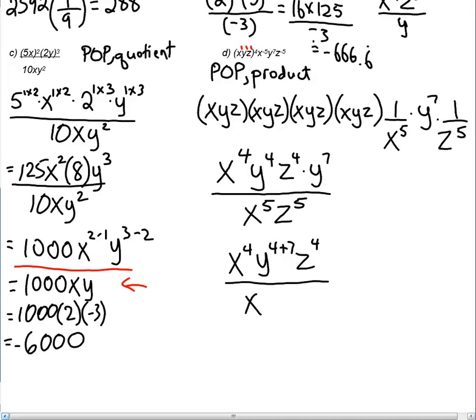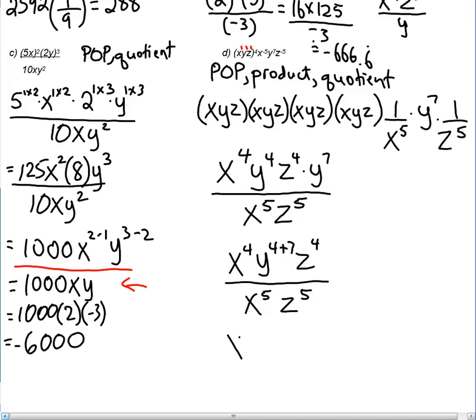Now maybe in that step some of you might have just started to do your quotient law with the powers of x and z, which again, was one more law I hadn't anticipated at the beginning, but it turns out it's necessary.